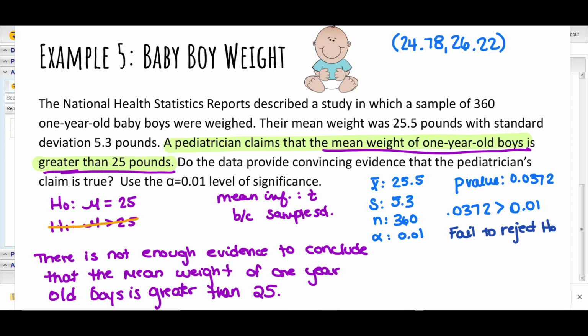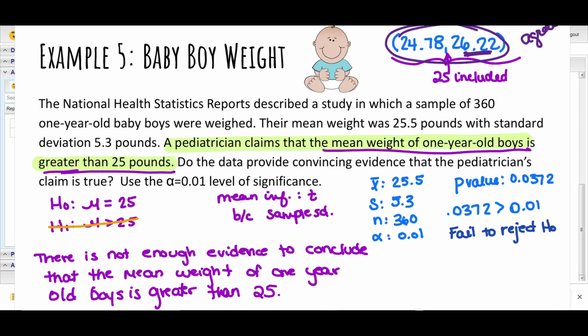Now, looking up here, 25 is included in the confidence interval. It's somewhere between 24.78 and 26.22. What that means is that it agrees with the conclusion that there's not enough evidence to say that it's greater than 25.